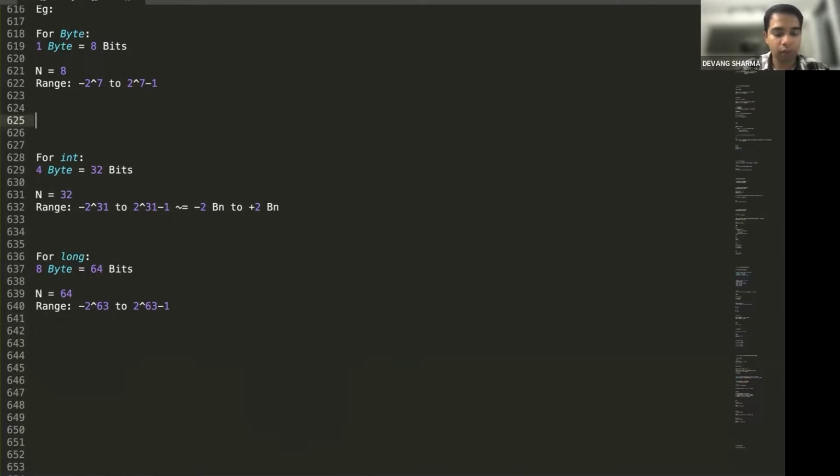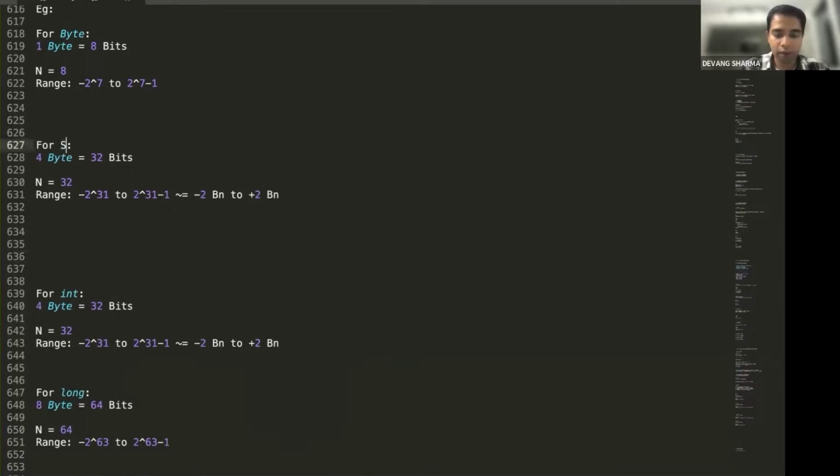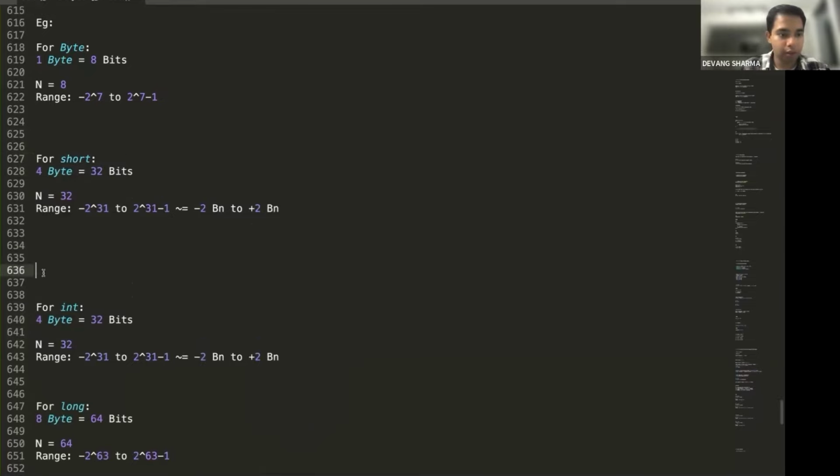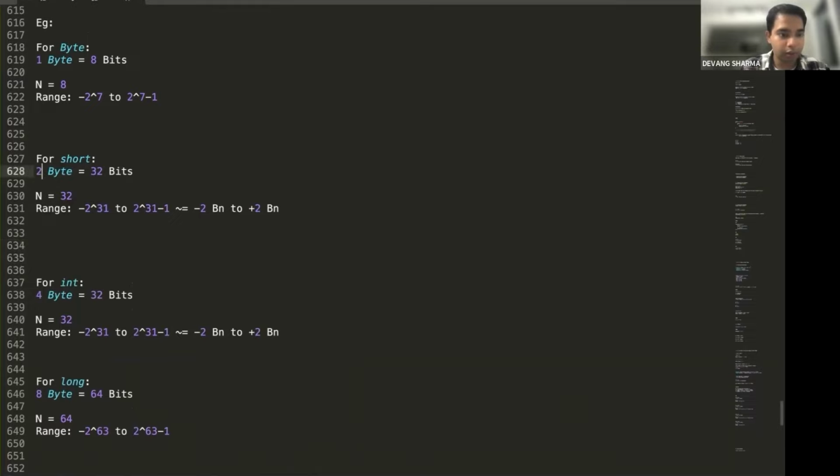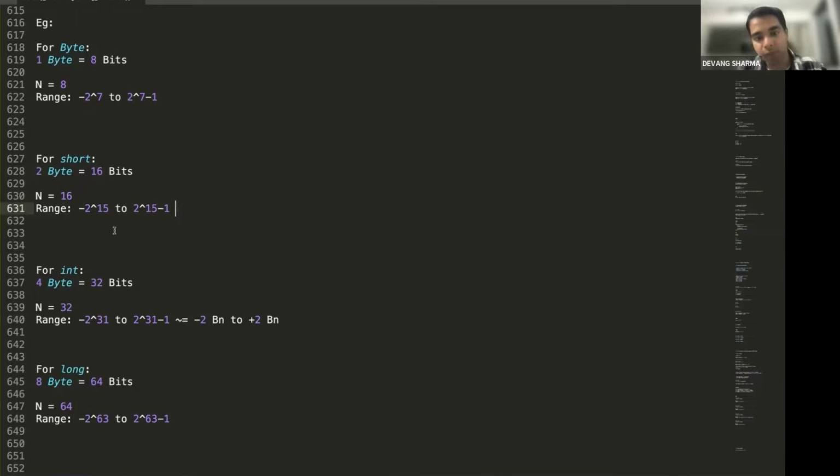And then let's do one more, which is short. Short takes 2 bytes. 2 bytes becomes 16 bits. So n becomes equal to 16. So minus 2 raised to the power 15 to 2 raised to the power 15 minus 1. Some of you are giving the answer 32,000 something. That is the answer for short, not the range for integer.